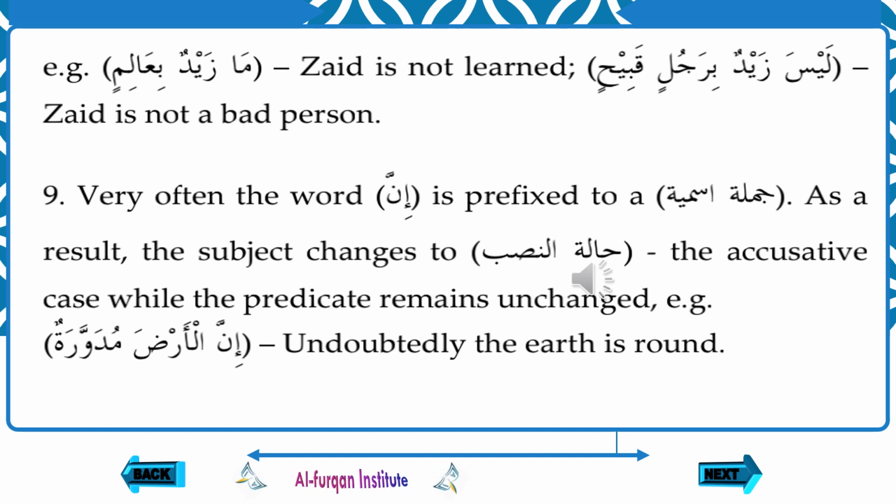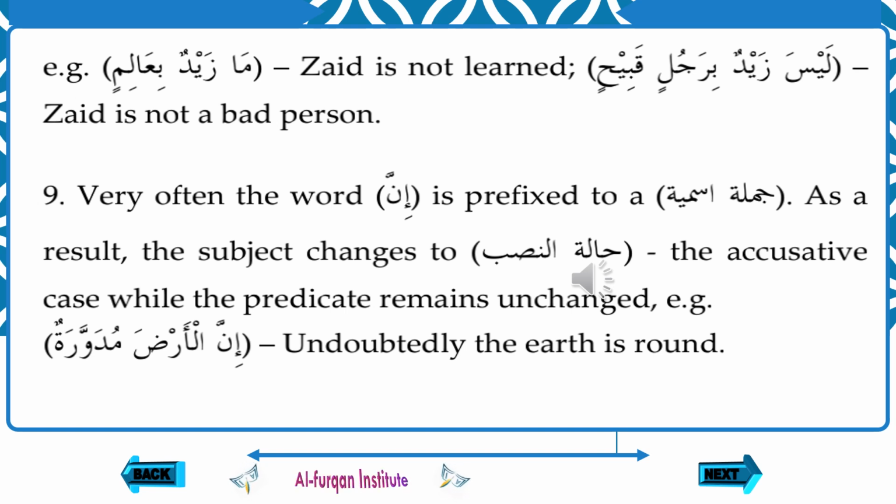So in the past or general. And when laysa comes before the sentence, it means it is not, that is often present or future. So using ma, Zaidun alimun, Zaid is not learned. So the structure stays simple. And using laysa: laysa Zaidun rajulun, laysa Zaidun bi rajulin qabihin.